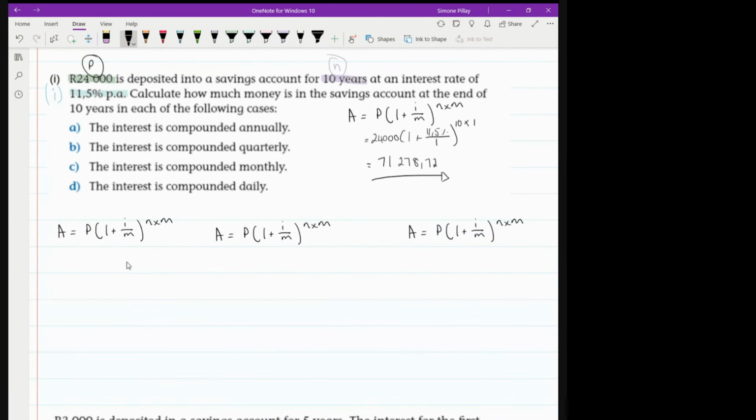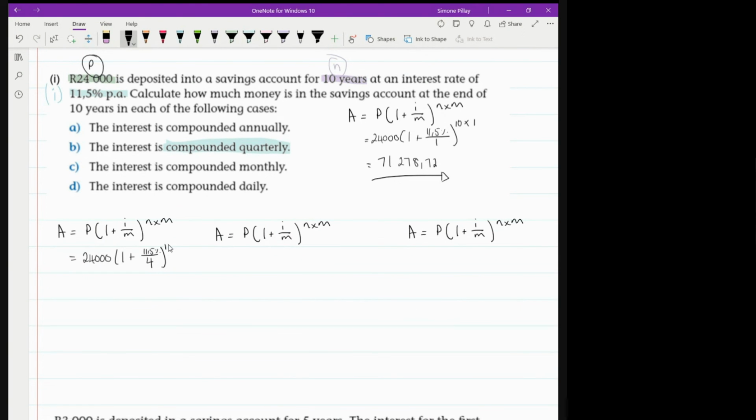Let's look at what it would be if we compounded it quarterly. So we'd have everything the exact same, except our m value is going to change to 4. 24,000 times (1 plus 11.5% over 4). Why 4? They told me my interest is compounded quarterly. That means that 4 times in the year, we go and add interest.